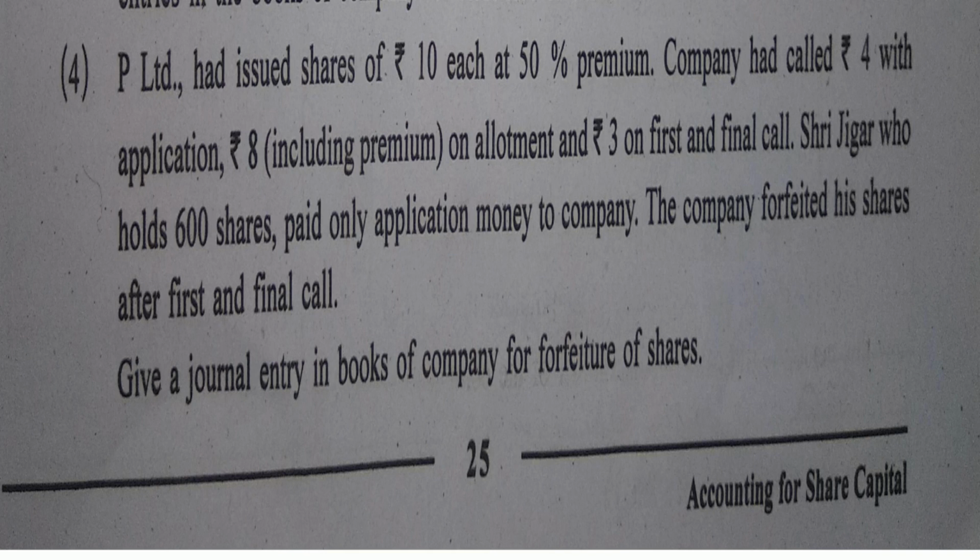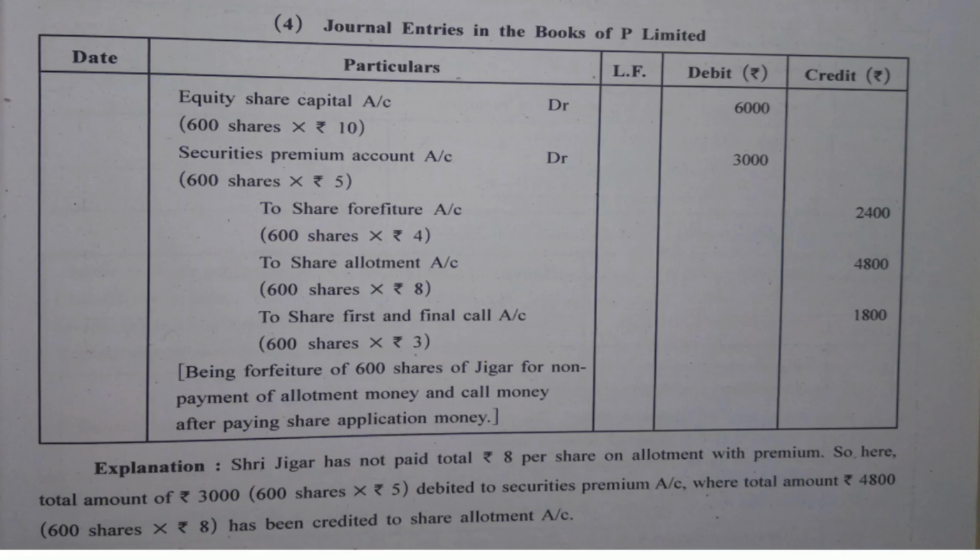Give a journal entry in books of company for forfeiture of shares. Let us see what is the journal entry for forfeiture of shares. As I've said, the very first thing to be done is to debit equity share capital account, with the number of shares forfeited and amount called up.